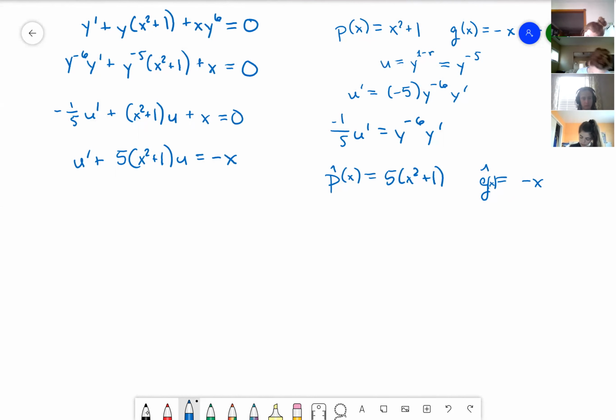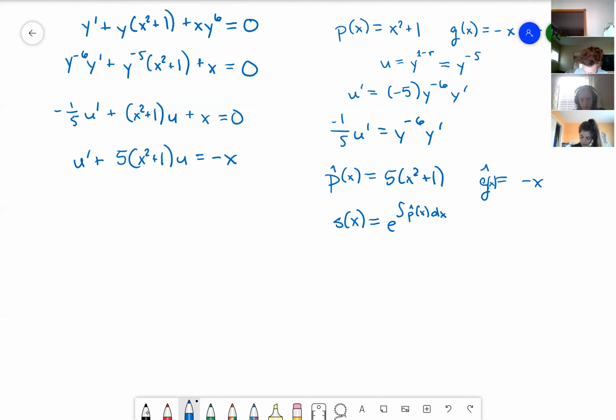And so if we use, what do we want to use? Let's use integrating factors. So our integrating factor, we called it r of x. Now we're running into using the same letters, so let's use s of x to avoid collision. So this is e to the integral of our new p of x.